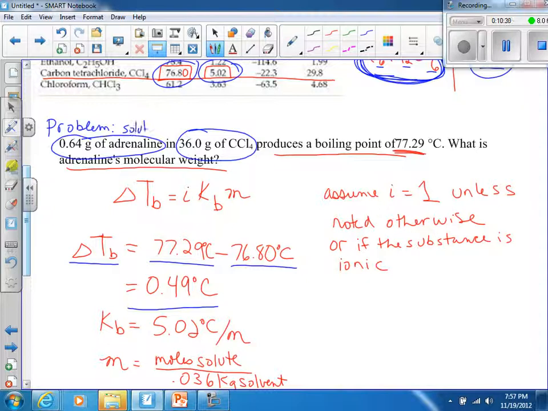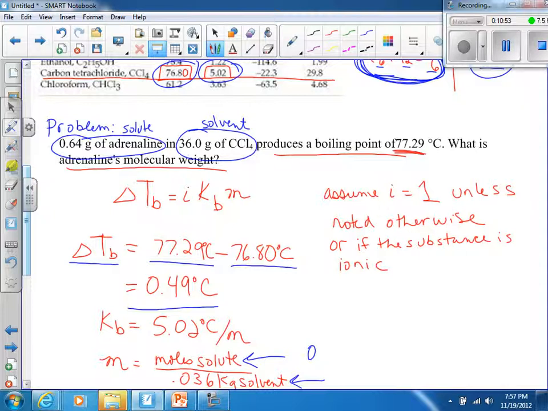You have to figure out what's the solute and what's the solvent. The solvent is always the substance that has a greater mass, always. So we have 36 grams of solvent, and for molality we put the kilograms of solvent on the bottom. We don't know how many moles of solute, so we're going to just leave moles of solute alone.